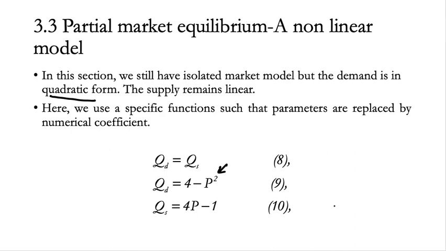Based on this, if you do it mathematically, you can solve the expression and find the equilibrium P and equilibrium Q. But look here, we know that the equilibrium condition is QD equals QS, isn't it? And we know that QD is actually 4 minus P squared, and QS is actually 4P minus 1, isn't it?